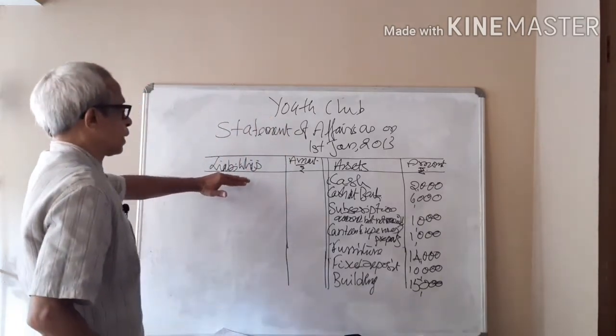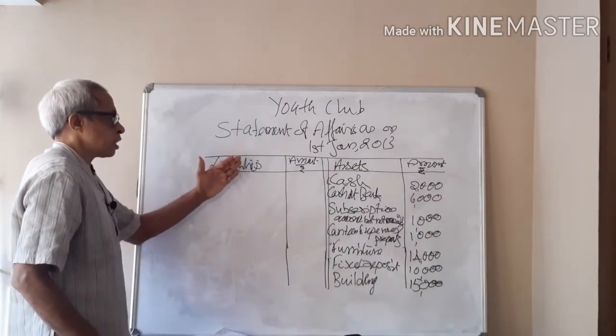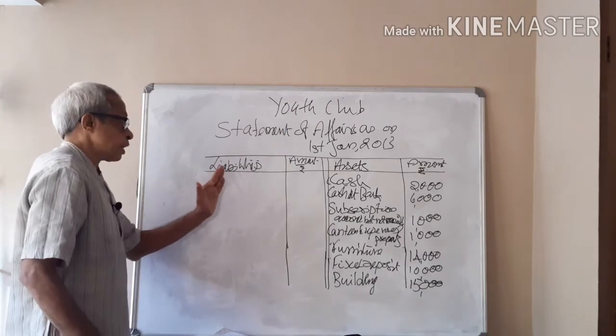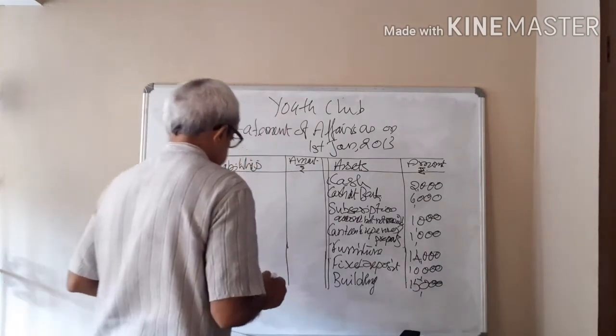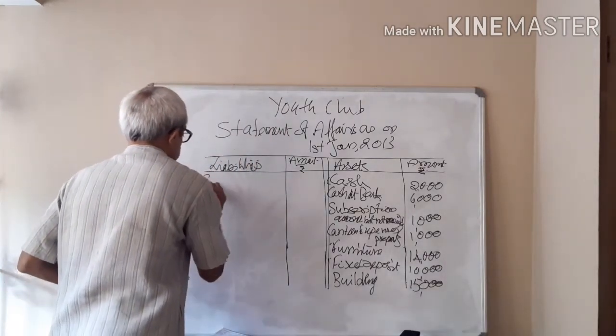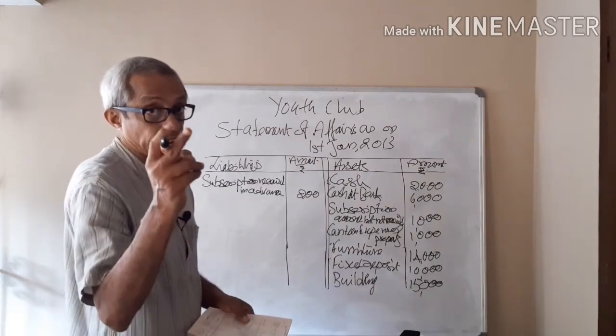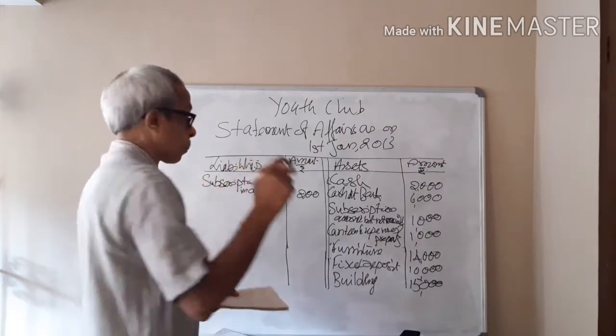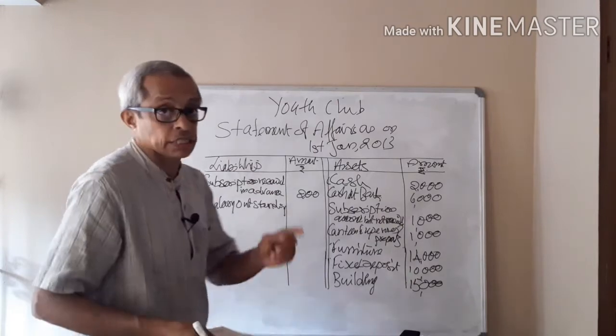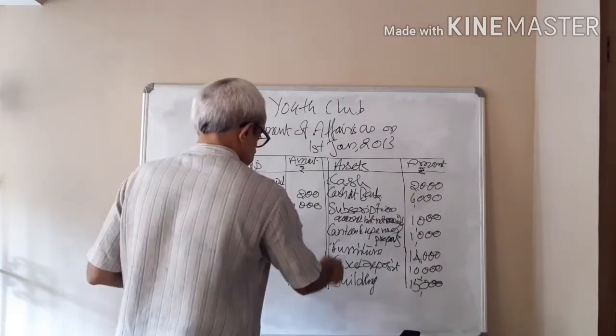And next is the amounts to be shown on the liability side of the balance sheet. Subscription received in advance. Next item is salary outstanding on the opening date. That means salary due but not paid.